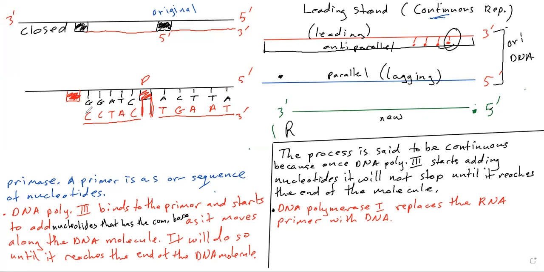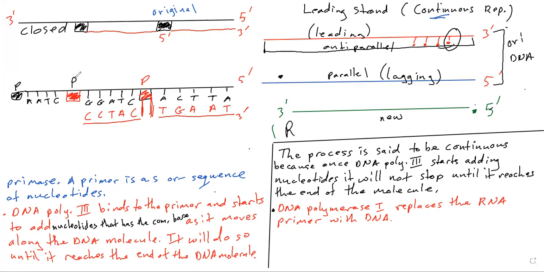And it will continue like that until it reaches the end of the DNA. So let me just put a little more out here to complete the process. Let's say I have A, T, and C, right? Of course, you would have to have a primer, okay?